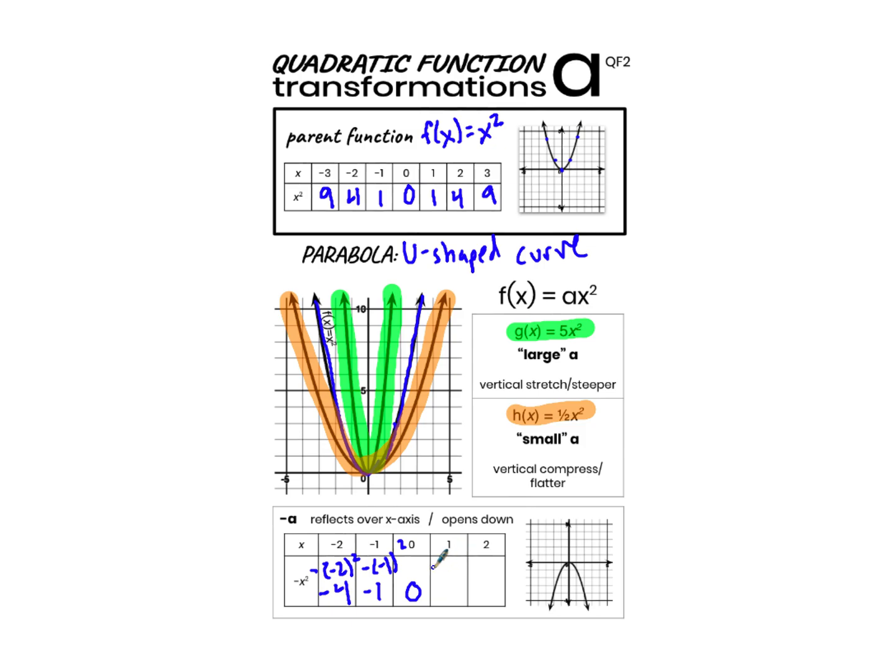There's no -0. 1 squared is 1. This is -1. 2 squared is 4 times -1 is -4. So here is my graph of f of x equal to -x squared. And you can see that it is a parabola just like my parent function, but it's the parent function reflected over the x-axis.